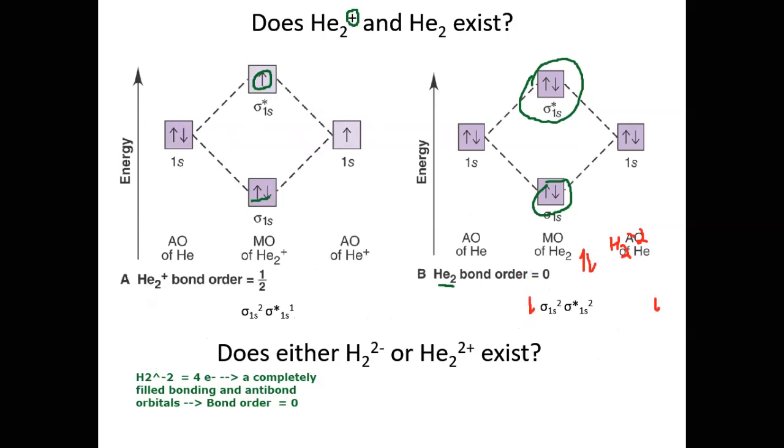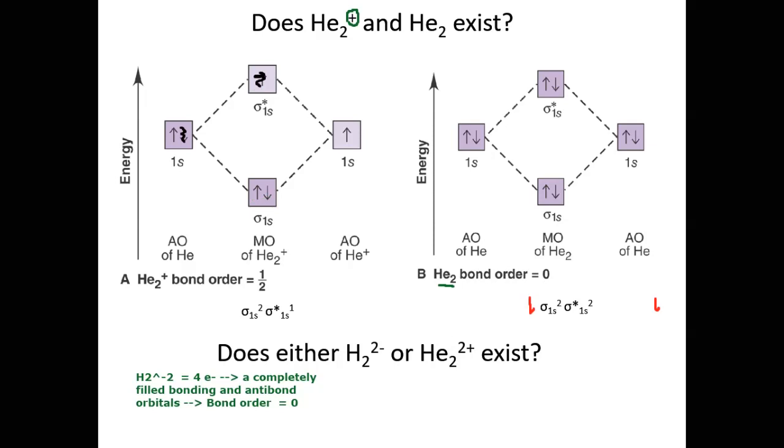Now for He2 2+, we've got to remove 2 electrons from it. So it's just going to have one 1s electron for each helium. So this one goes away.